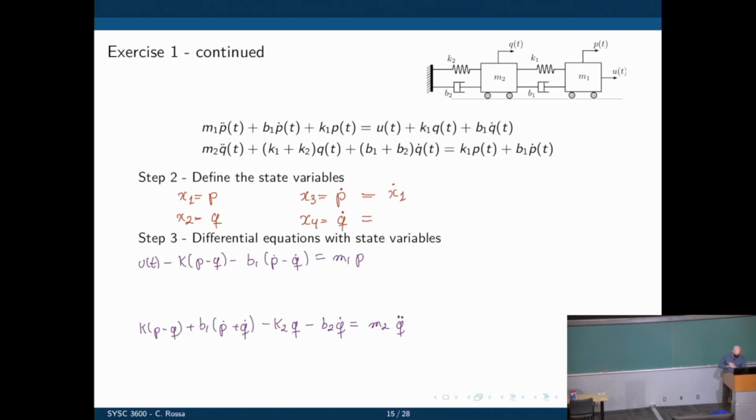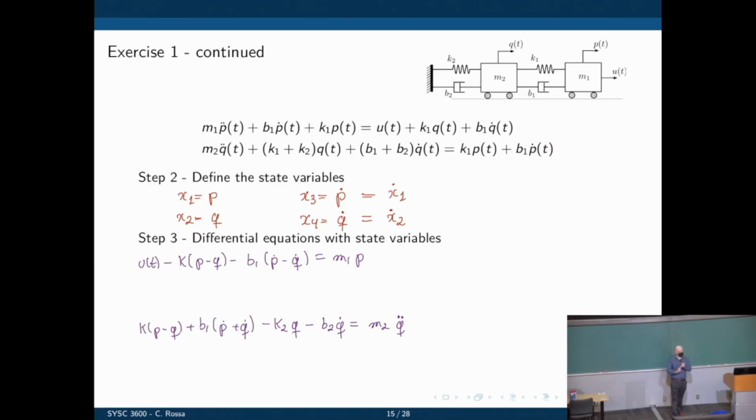And x4, if x2 is Q and x4 is Q dot, then x4 equals x2 dot. Very good. We solved already 2 of our equations. We have an equation for x1 dot as a function of other states. That's the first, that x1 dot equals x3. And we also solved for x2 dot because that equals x4.